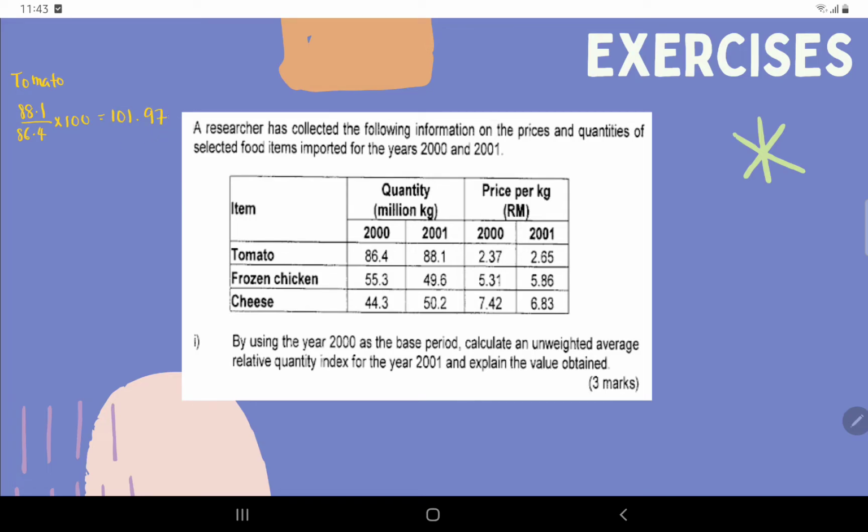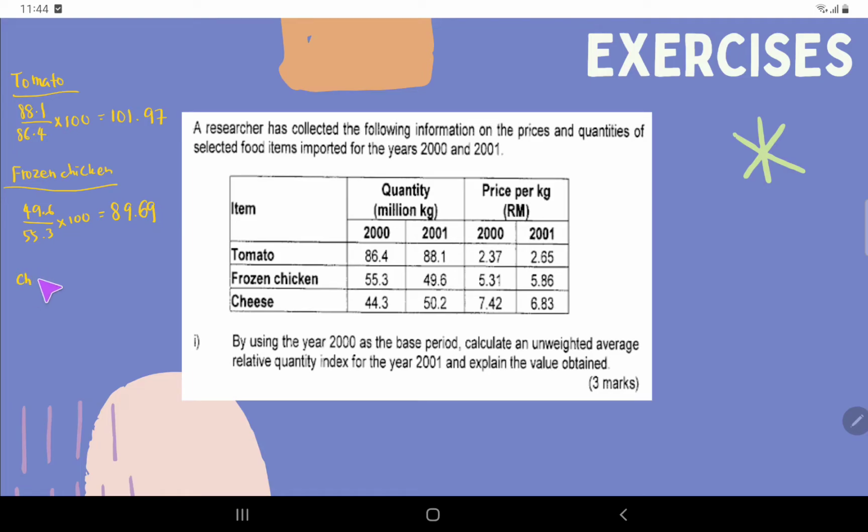So the answer is 101.97. Okay, meanwhile for the second item, which is the frozen chicken, the quantity in 2001 is 49.6 divided by quantity in 2000, 55.3 times 100. So the answer is 89.69.